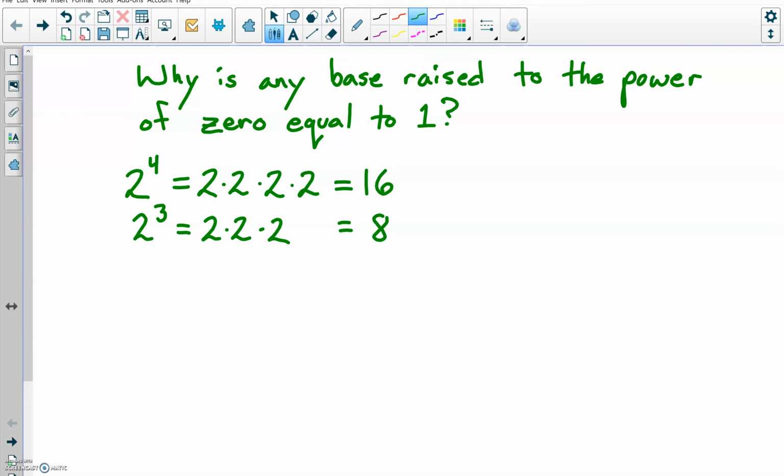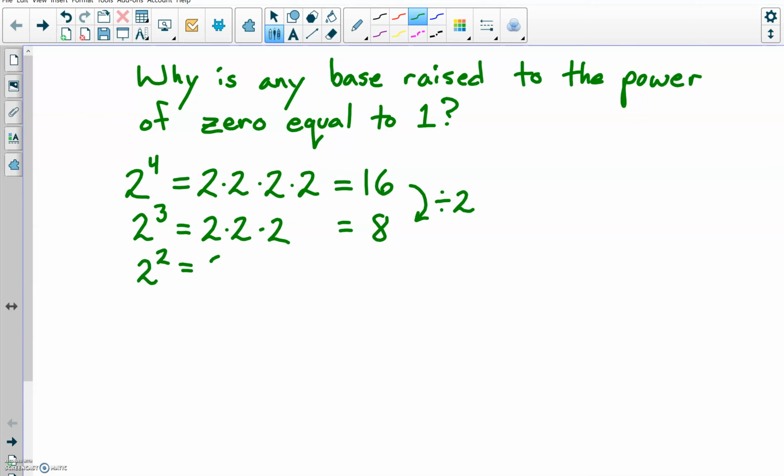So before I go to the next power, let's take a look and see the relationship between 16 and 8. 8 is half of 16, or another way to think about that, if I divide by 2, and more importantly take that 16 and divide it by 2, you will get 8. So let's go ahead and look at 2 squared.